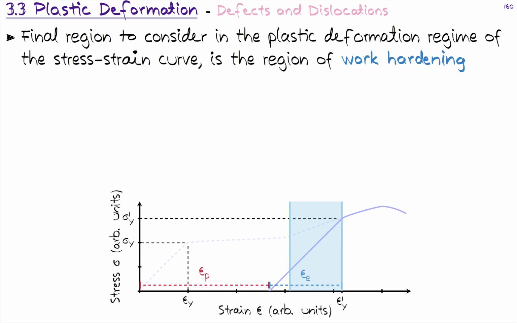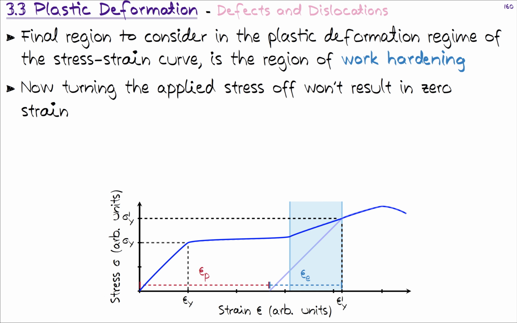And why it's called the work hardening region is that if we increase the applied stress of our system, and we have moved here into the plastic regime, and when we turn the applied stress off, we no longer return to the original dimensions of the solid.